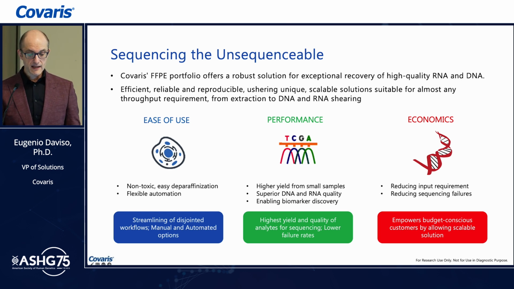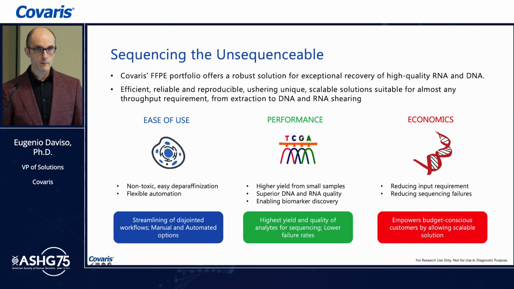We can guarantee high yield from small and precious samples, where being targeted and really looking at those FFPE samples where the cancer has to be selected from the other tissue, providing superior DNA and RNA quality that we show through amplifiability and through publications from clinical samples with our collaborators.